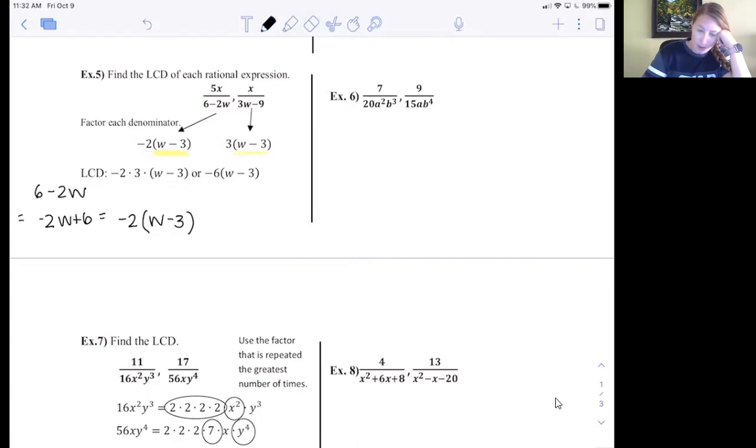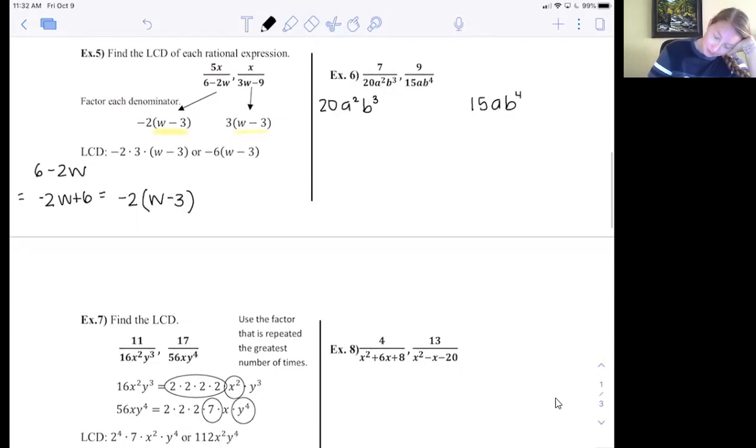Example 6: 20a squared b cubed and 15a b to the 4th. Okay, this one is a little trickier. I'm going to rewrite these factored out. I can rewrite 20 as 4 times 5, and 4 as 2 times 2.